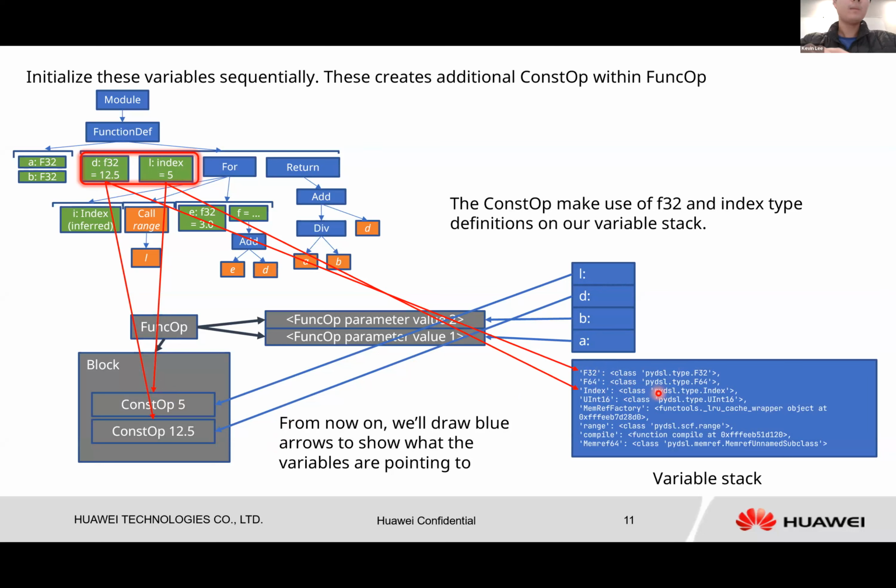These are classes that basically describe what sort of values need to be created. In our case, we create a const op 5 with a type of index and a const op 12.5 with type F32. These are in turn connected to these variables, which are pushed onto the stack. And from now on, we're just going to draw these blue arrows to illustrate what the variable is referring to.